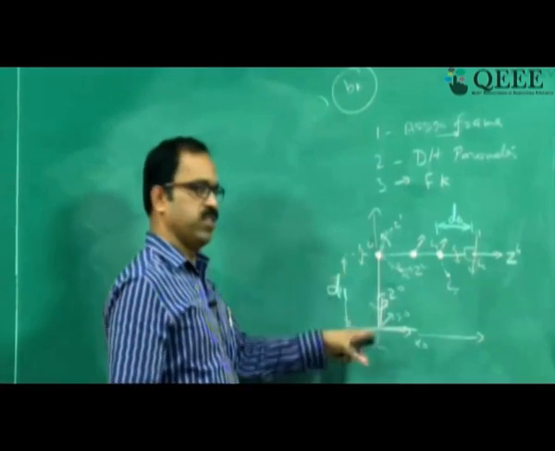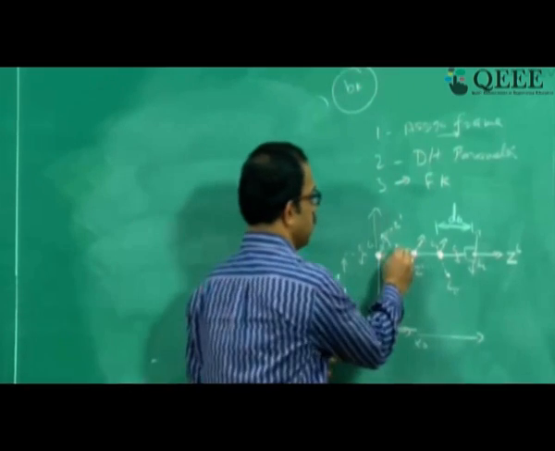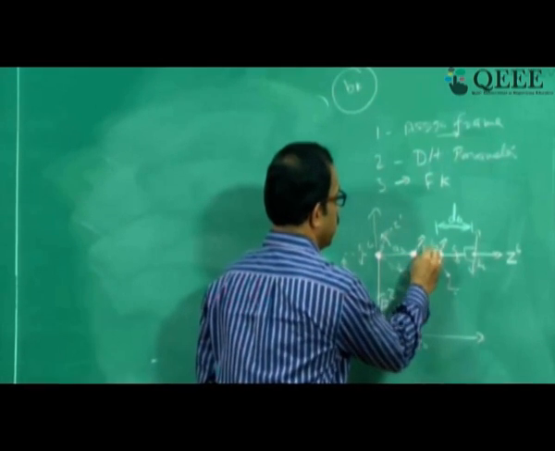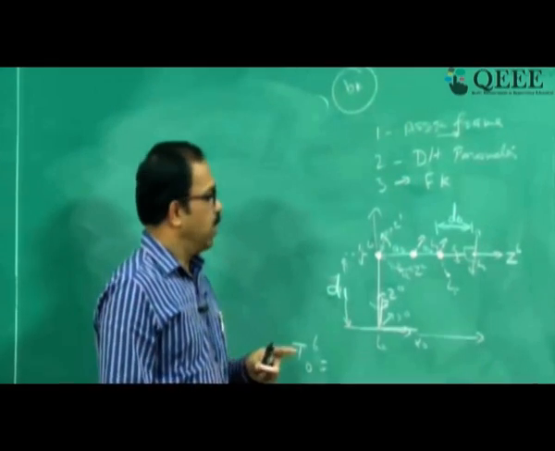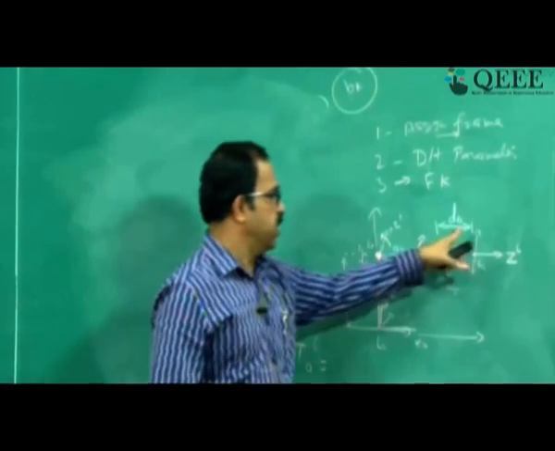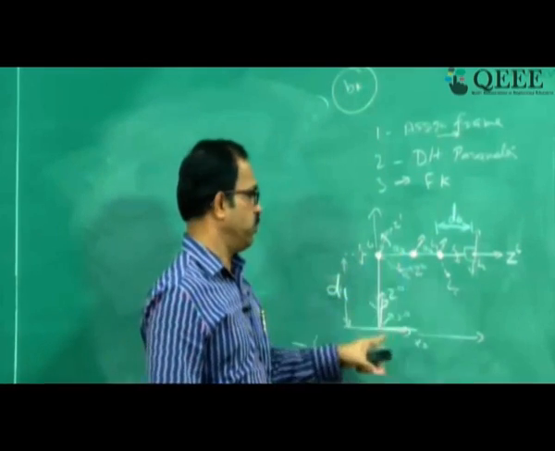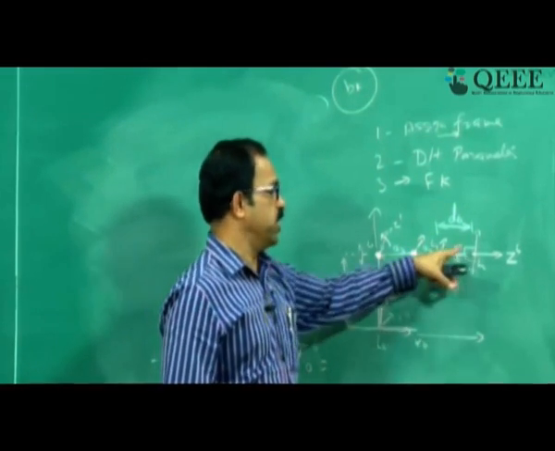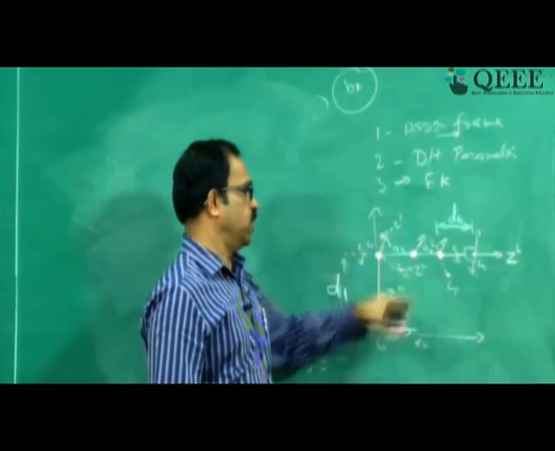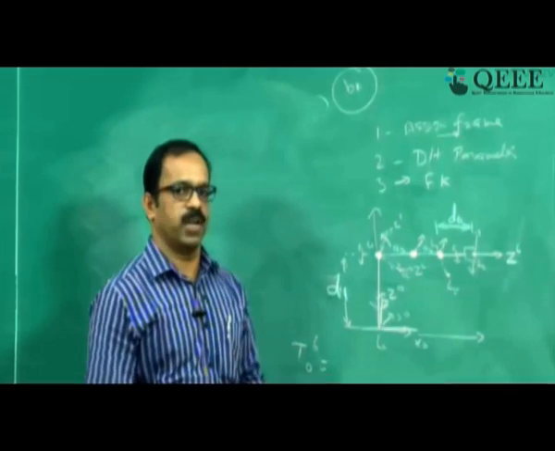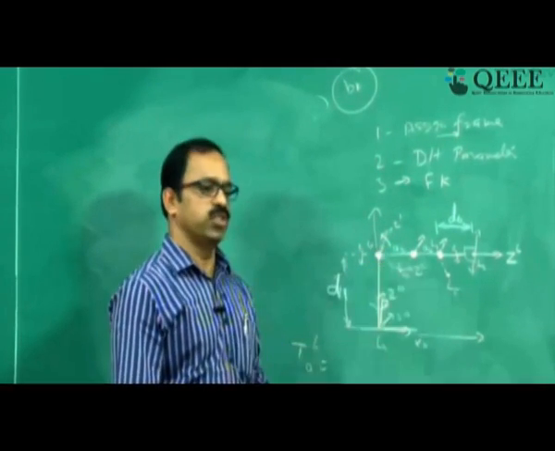A1 will be 0, A2 will be 0, you will be getting A3 and A4. So this is D1, D6, A3, A4. D2, D3, D4, D5 will be 0, A1, A2 will be 0, A5, A6 will be 0. If you follow the rules of identifying the DH parameters, you will be able to see that all the others will be 0.